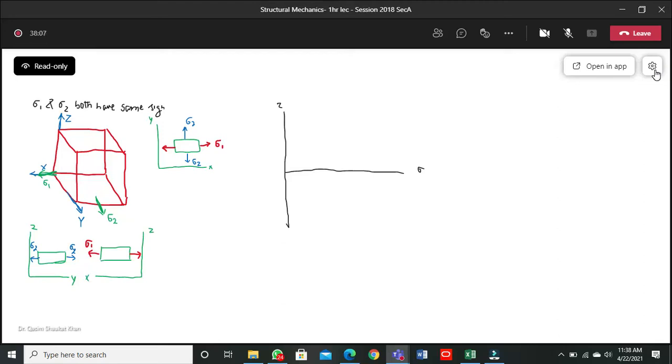Fine. So first we draw this, the ZY plane. In this you have sigma 2 positive. Always sigma 2 will be smaller than sigma 1.